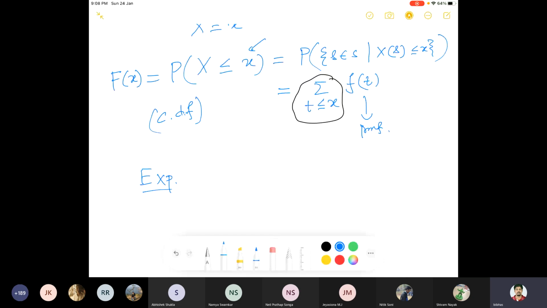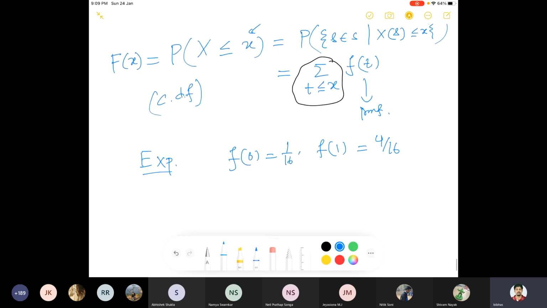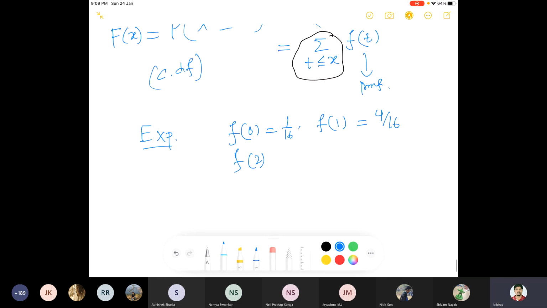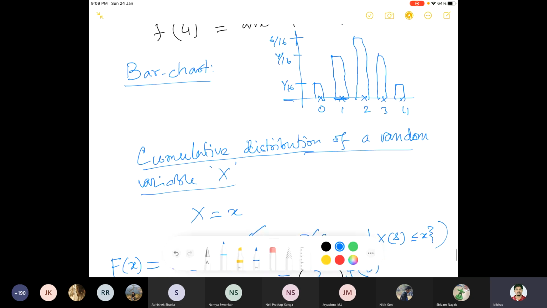If you look at the previous example, f of 0 was 1 by 16, f of 1, the number of heads, is 4 by 16, f of 2 is 6 by 16, and f of 3 is 4 by 16. F of 4 is also there, 1 by 16, I guess, right? What was f of 4?